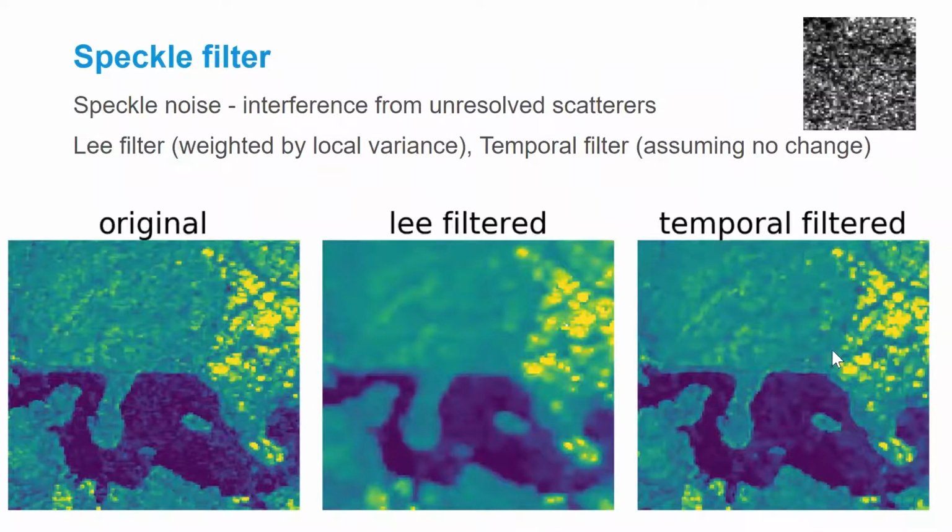And the other option that you can do is to filter over time. Then you're really just taking an average or a weighted average from multiple images collected at different times. In this case, of course, it preserves the resolution of the image, but then it can be problematic if your underlying feature is actually changing over time.